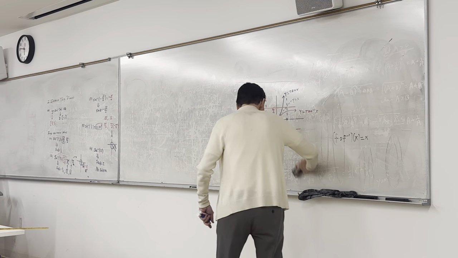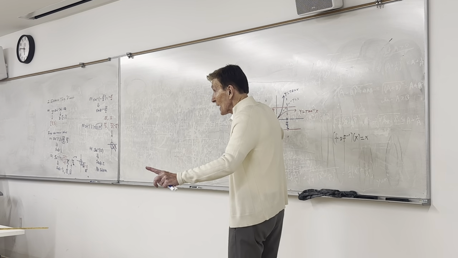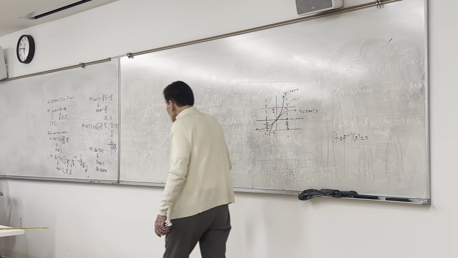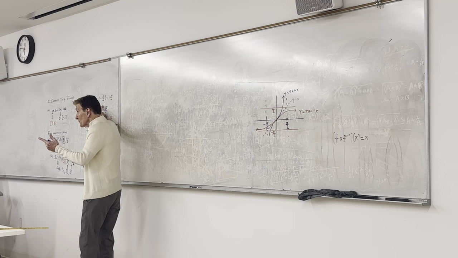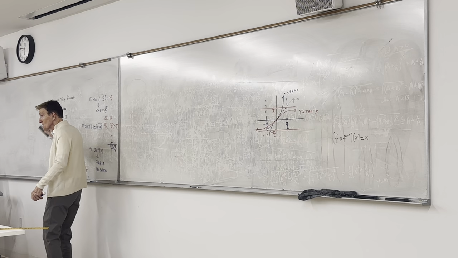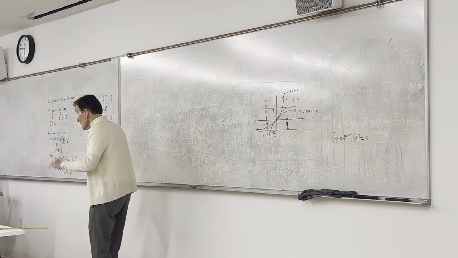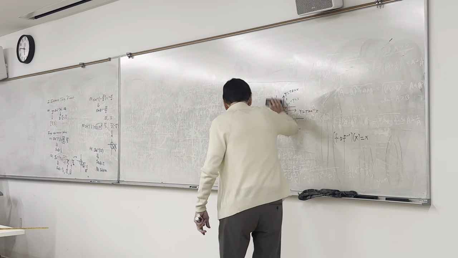Now, as I erase, I did the graph here. I showed you what inverse tan looks like as a graph. I did not graph inverse sine. Inverse sine has a graph, I didn't do it. And inverse cosine that I erased, I also had it, I didn't do it. It has a graph.